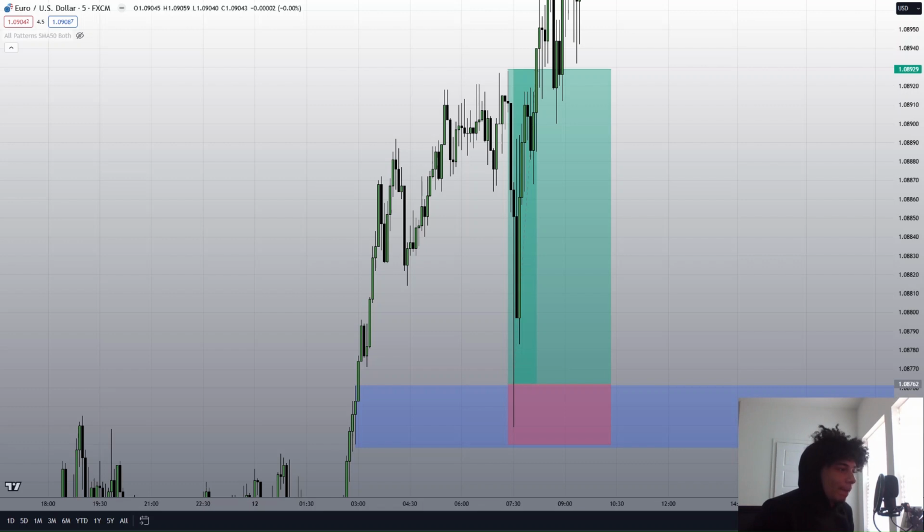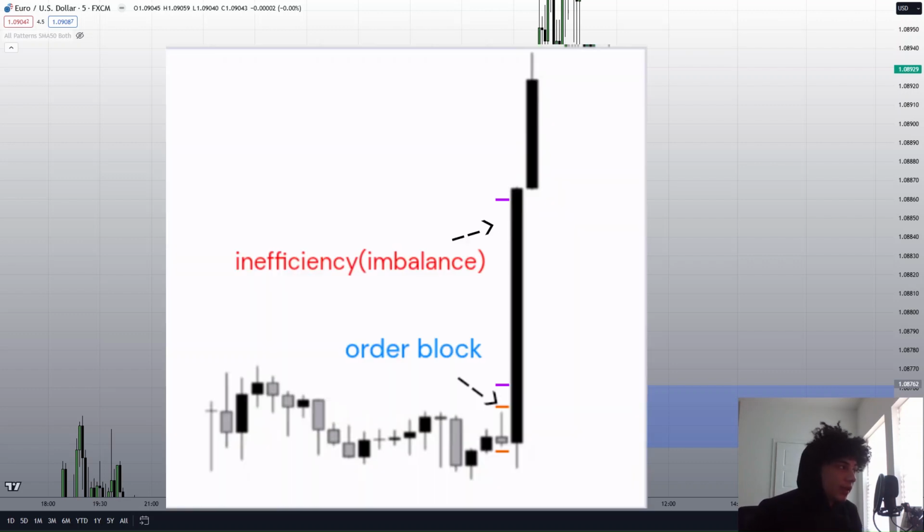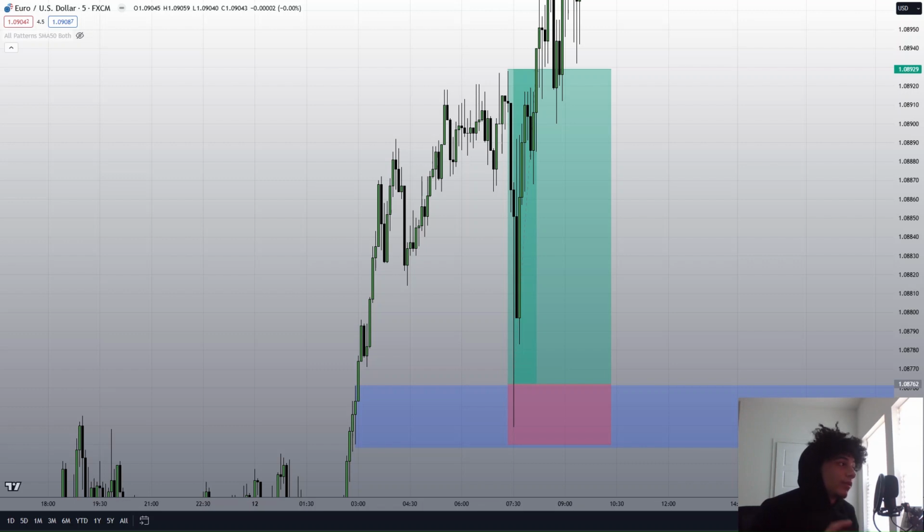To find order blocks, first, just like a demand zone, you need to find a huge, drastic, impulsive candle and move overall. The moment you find that huge drastic candle, the second thing you want to make sure of is that there's a gap within that area of impulsiveness with the candle. And third, you want to make sure that there's a break of structure.